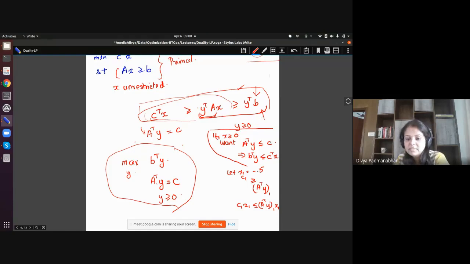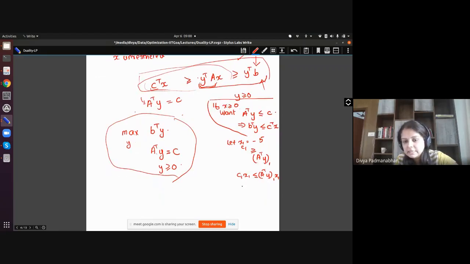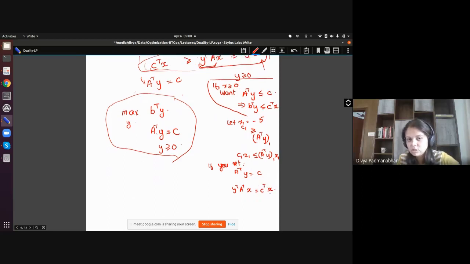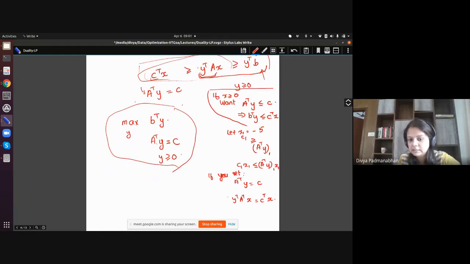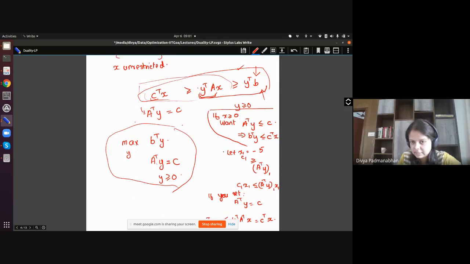So that's why, when X is unrestricted, what you can do instead is set A transpose Y equal to C. Now, irrespective of the value of X, if you take Y transpose A transpose X, you're going to get C transpose X. And of course you have that Y transpose A transpose X is greater than or equal to Y transpose B from this part.